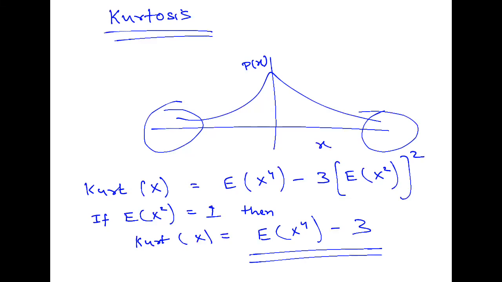You can see that this kurtosis measure involves E of x to the power 4. So distributions which have a heavier tail than Gaussian will tend to have higher kurtosis, and distributions which have a lighter tail than Gaussian will tend to have a kurtosis which is smaller.